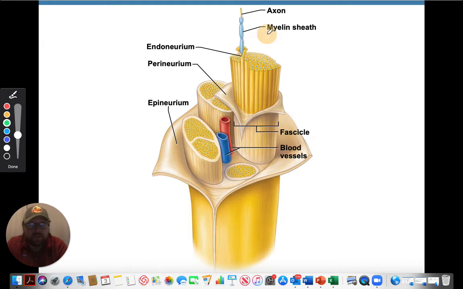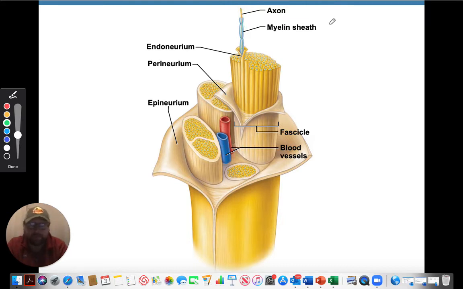So here's the insulation we're talking about, the myelin sheath. Every nerve cell, or every neuron, has to have that insulation to help protect the electrical impulse. So this right here sticking out, which looks almost like a piece of spaghetti before you cook it, is one individual neuron.